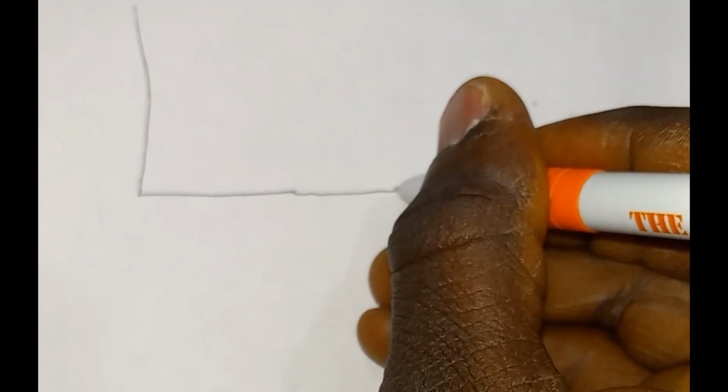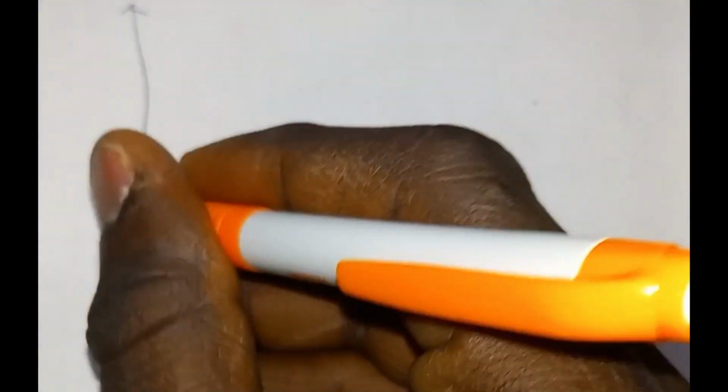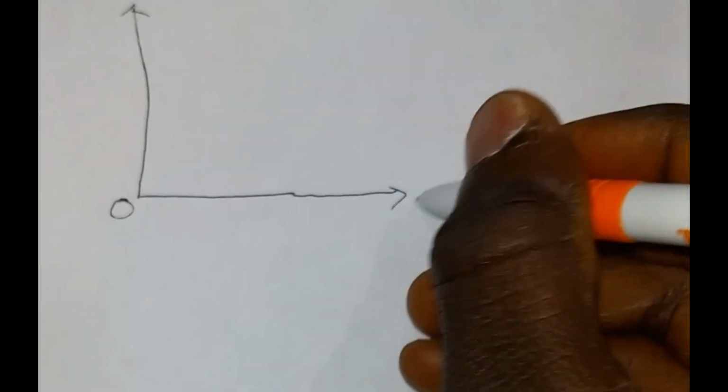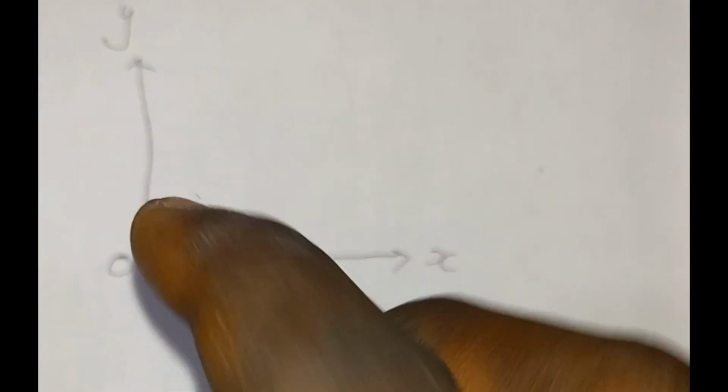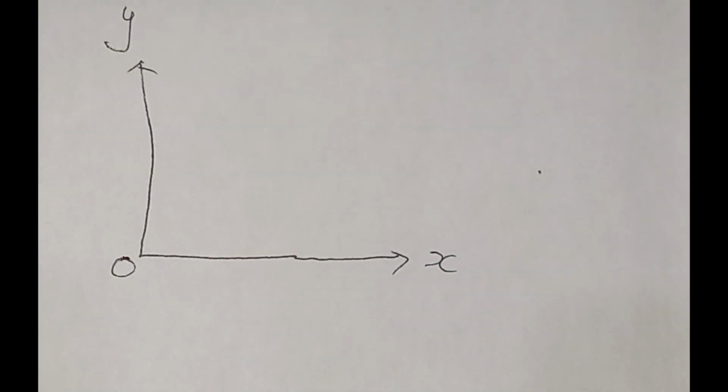Alright, hope you came prepared for a bit of math, because that's exactly what we're going to be doing. So to convert it, we're going to have to draw something like a graph. Alright, can you guys see me? Let's just draw this graph. We have 0, we have our y and our x axis. We're using 2 points.